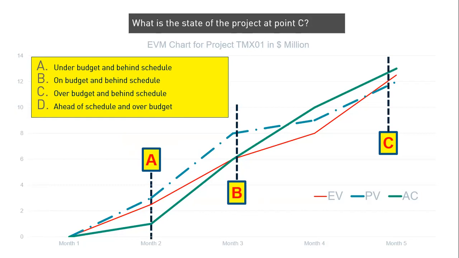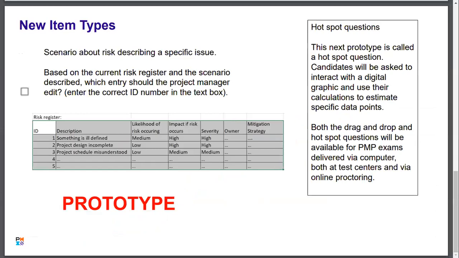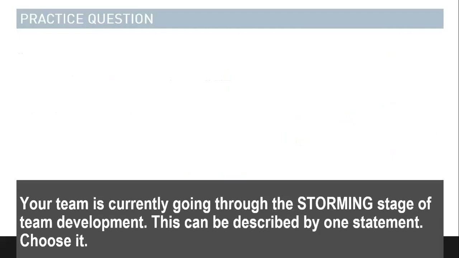So don't get scared of the technicalities. I know everyone's exam is different, but you're not going to get a massive smattering of technical questions. You could get a question that looks like this, also a hotspot type of question. You could also get questions where you select all that apply.